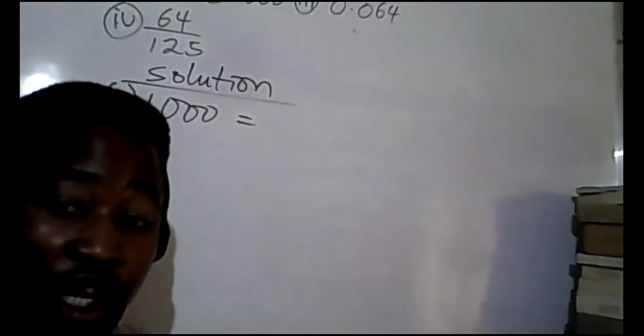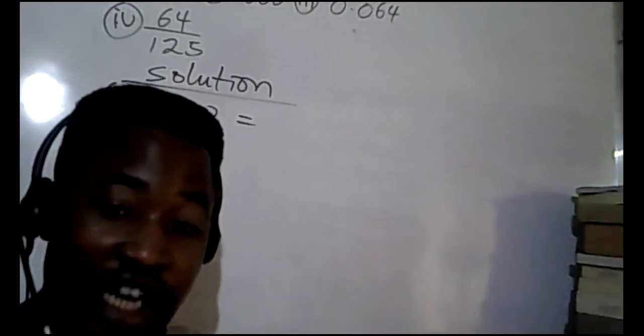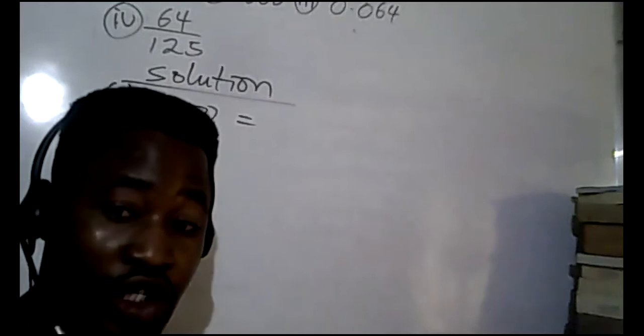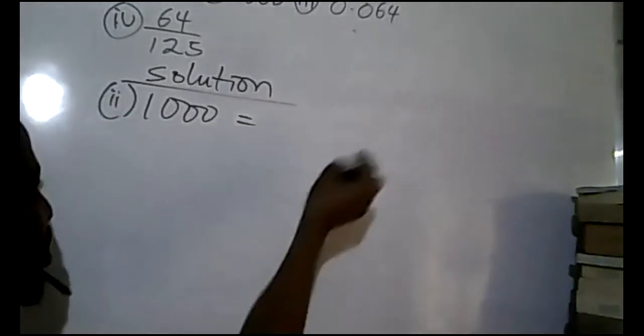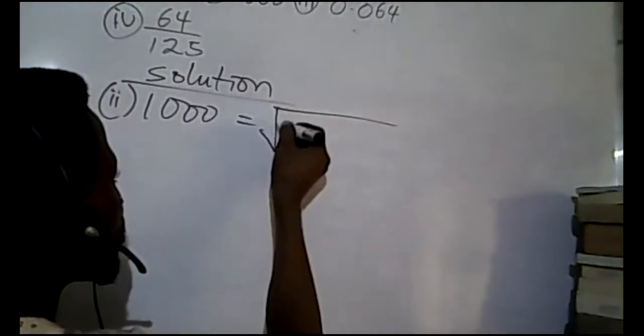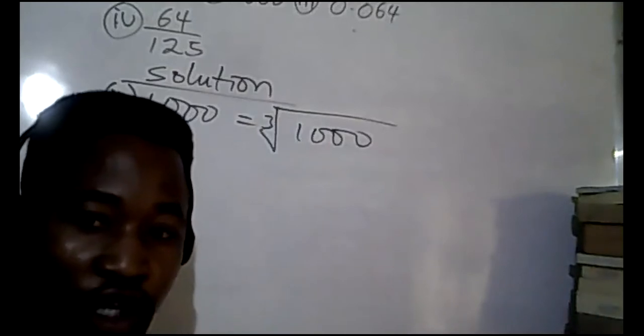So let me take you through the process again. If you didn't understand the first one I just did, here is another opportunity for you to get it right. So listen up. The first thing you need to do is put 1,000 under the cube root symbol.